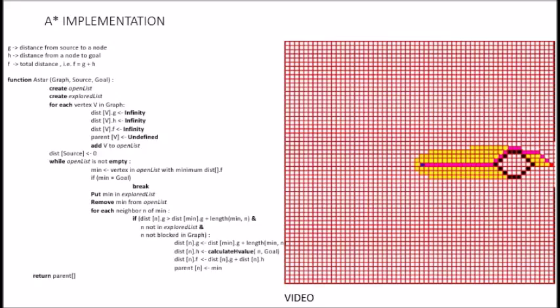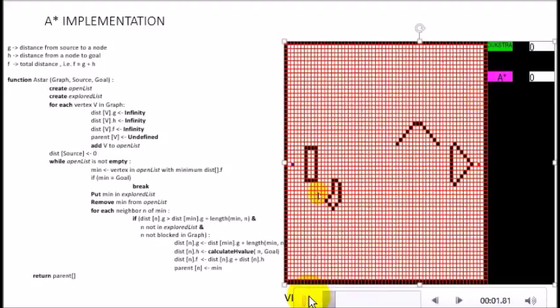Okay, so here is another implementation. When we run A star, it only goes in the direction of the goal, not covering all the region, because of its heuristics function, which guided it towards the goal, and the cost is 55, which is the same as that of Dijkstra's optimal path.